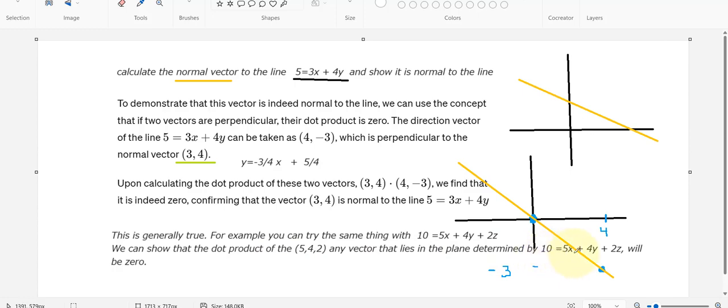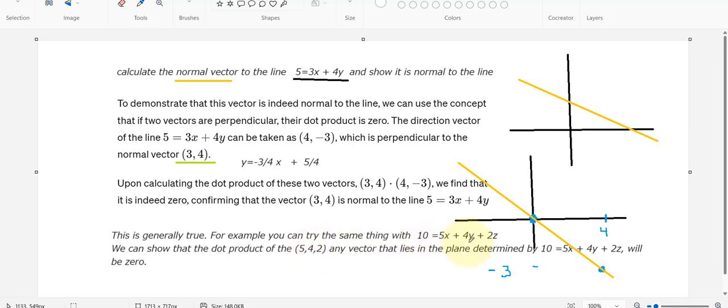So if we know a vector in this plane, we can take the dot product of it with this, and they will be perpendicular, meaning that the dot product will be 0. So that's what we mean, but we can just call it normal to the plane.